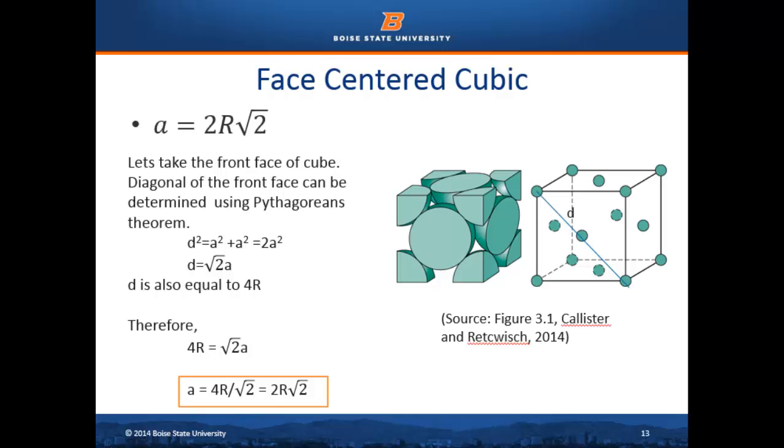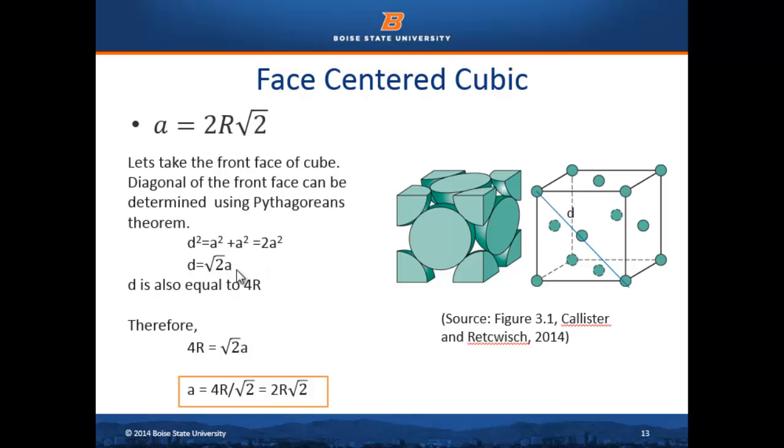Okay, this is easy, like we did on the body-centered cubic unit cell. First, let's take the front face of the cube. Let's mark the diagonal of the front face of the cube as D as shown here. This diagonal of the front face can be determined by using the Pythagorean theorem, like we did on the body-centered cubic unit cell. So, D squared equal a squared plus a squared equal 2a to the power of 2.